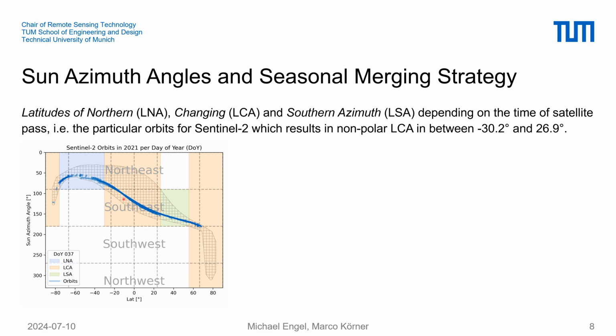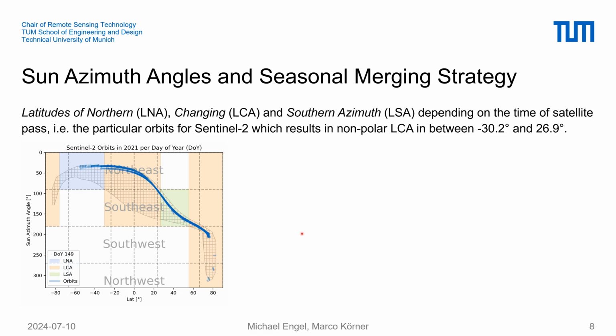And while doing so, in some areas, they cross the horizontal gray dashed lines. Crossing such a line means that the orbits show changing azimuths in that latitude region, changing in the sense that the sun could come from northern or southern directions depending on the season.